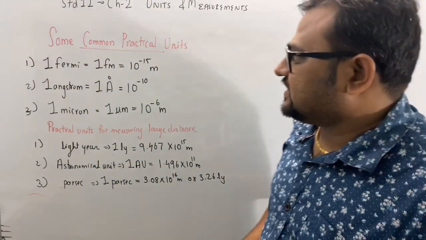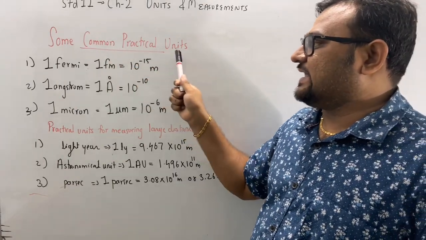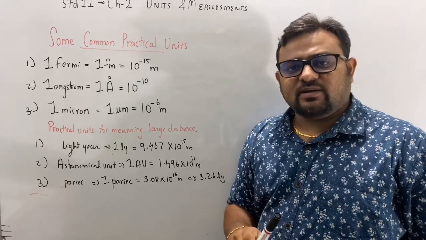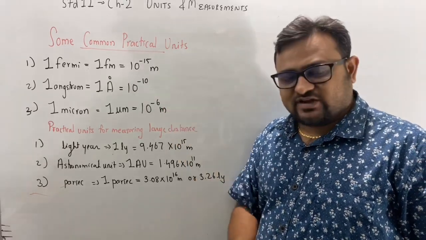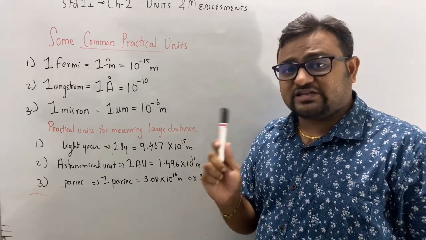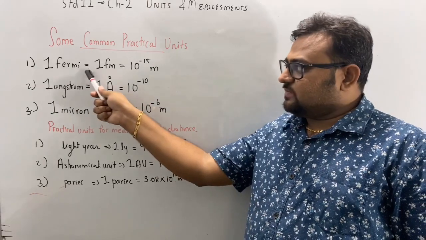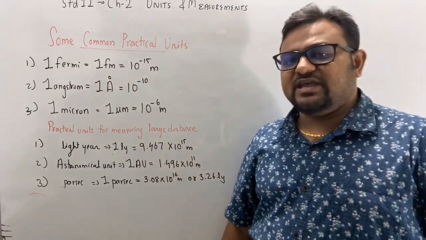Okay, so the next is some common practical units. Okay, means these are very common and you will be using them. One Fermi, we discussed earlier, right? 1 fm. Sorry, it's not 1 Fermi meter, it's 1 Fermi. 1 Fermi is equal to 10 raised to minus 15 meter.